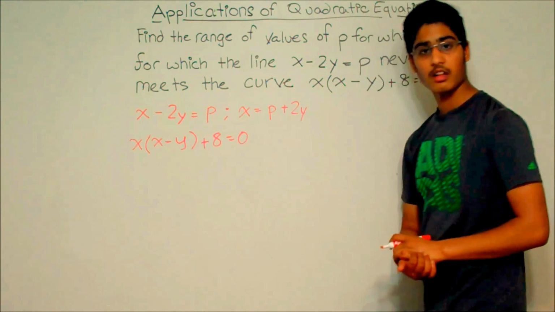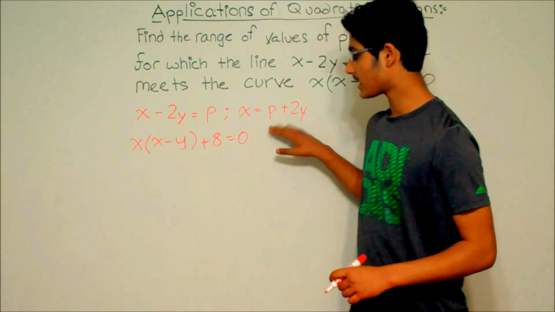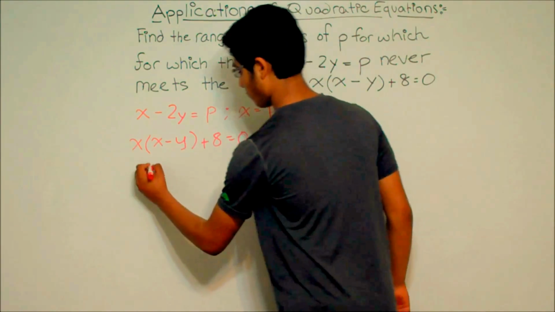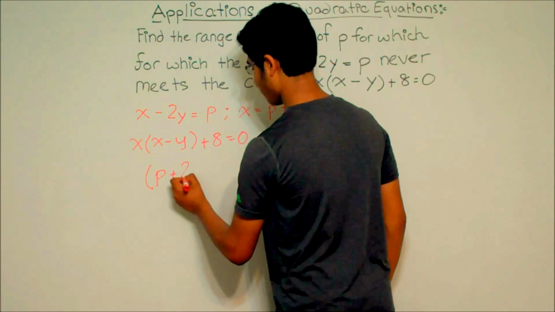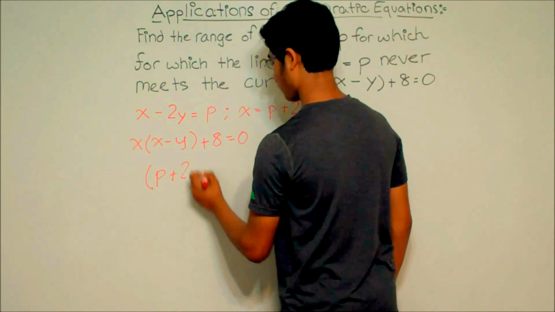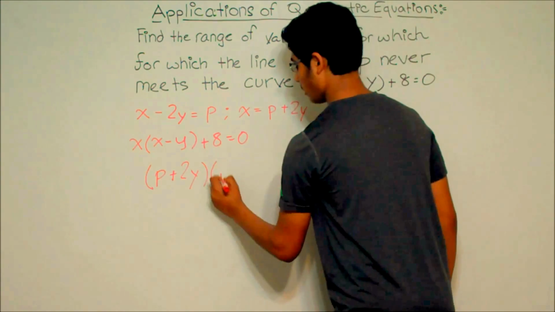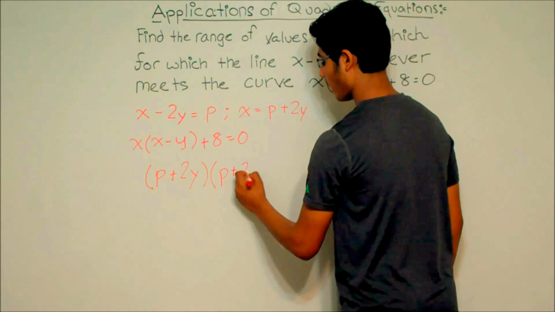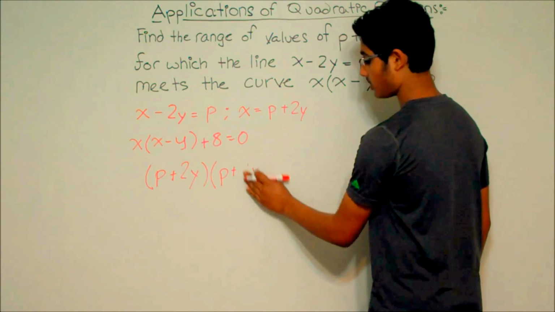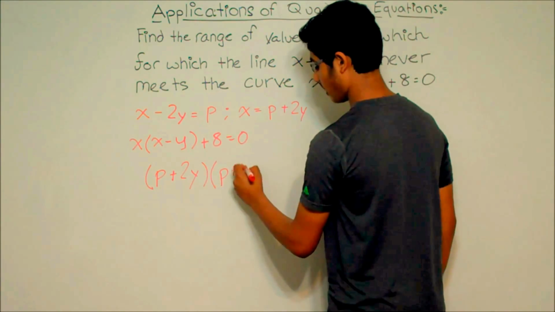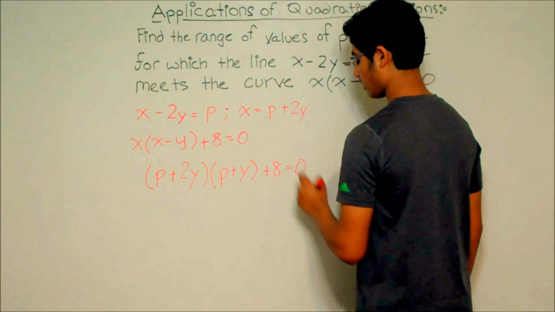So now we can use the method of substitution to substitute the value of x. So (p plus 2y) times x, which is p plus 2y, minus y. And 2y minus y, as we know, is just y. So (p plus 2y) times (p plus y) plus 8 equals 0.